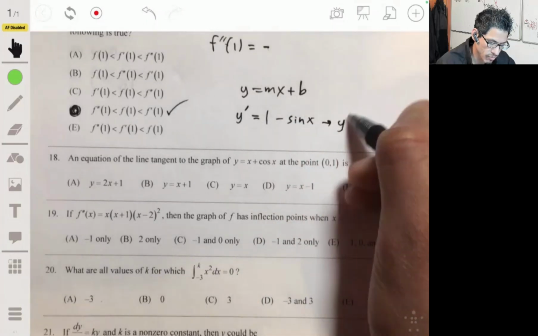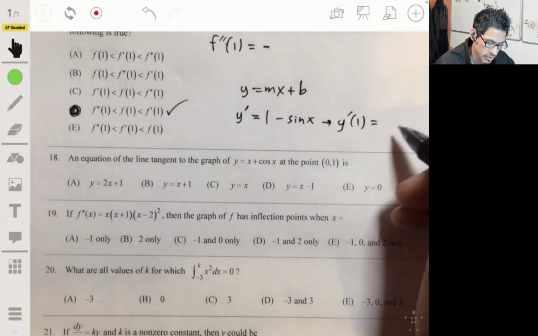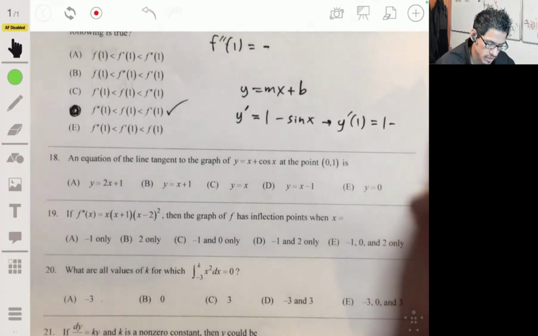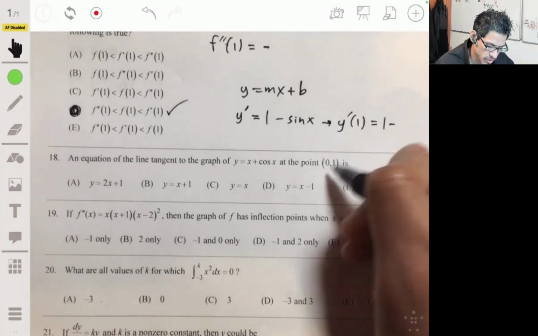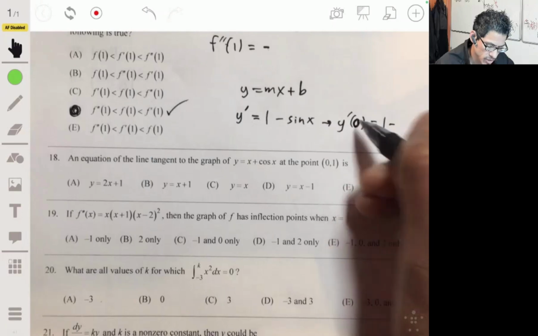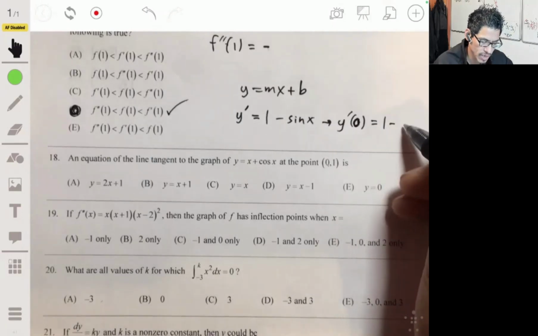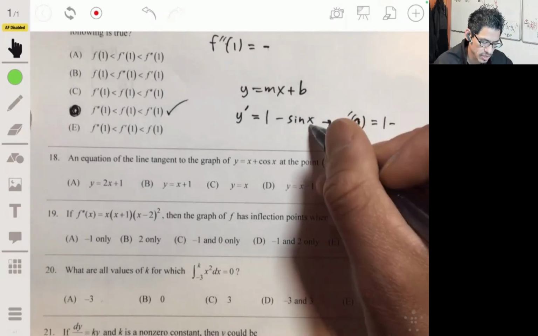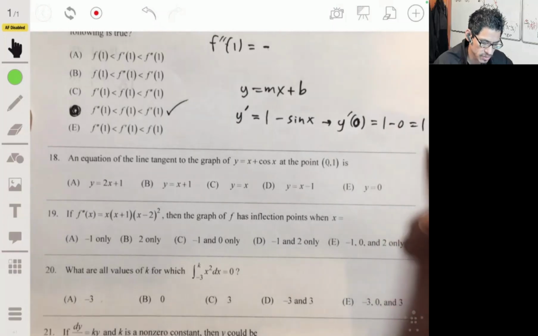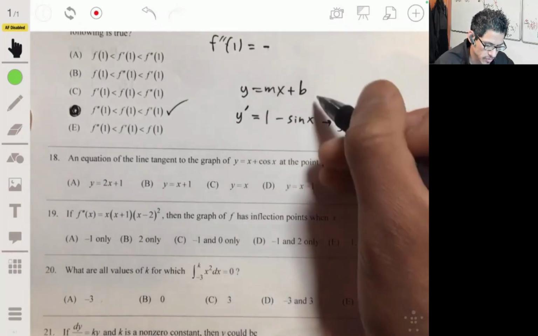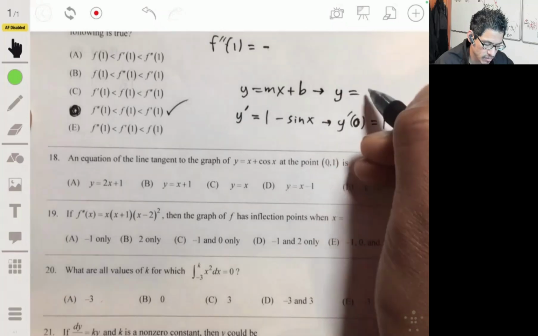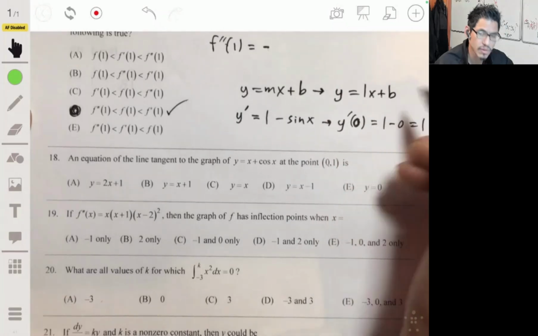So, sorry, we're looking at y prime of 0. Y prime of 0 is going to be 1 minus the sine of 0. Sine of 0 is just 0, so it'll just be 1. So far, then, we know our equation is going to be y equals 1x plus b.